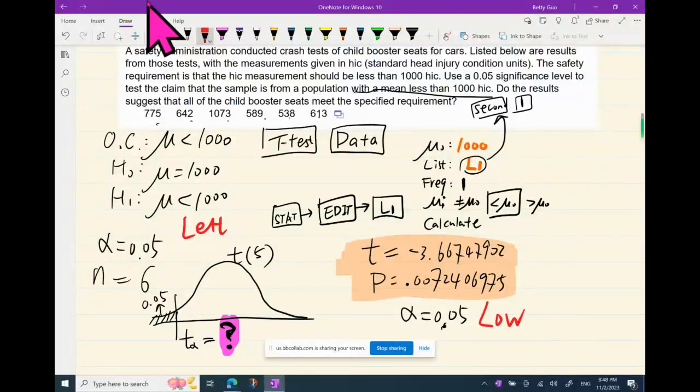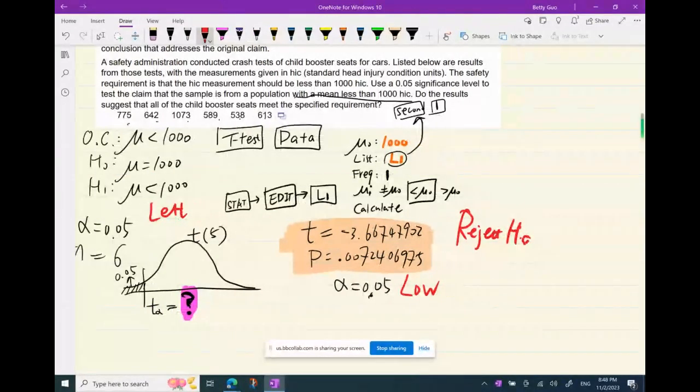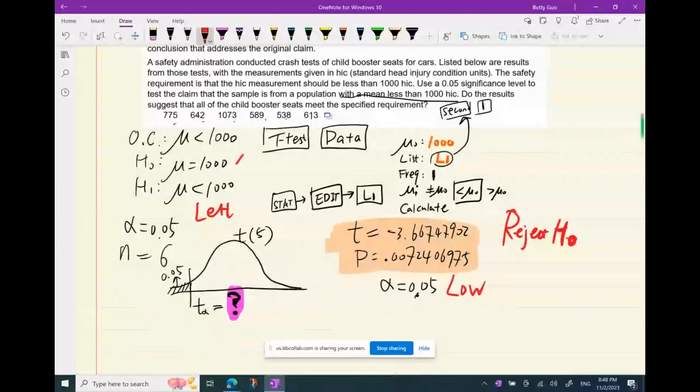Null must go. We're going to reject the null. So reject null. Then we conclude there is sufficient evidence to support our original claim that the mean is less than 1,000.